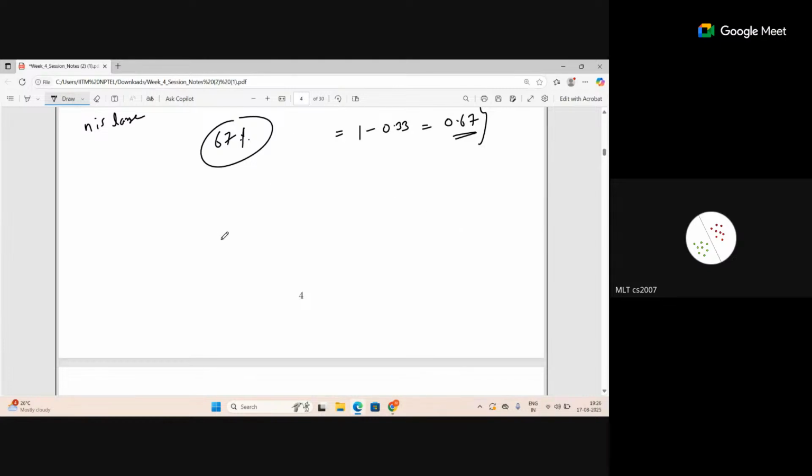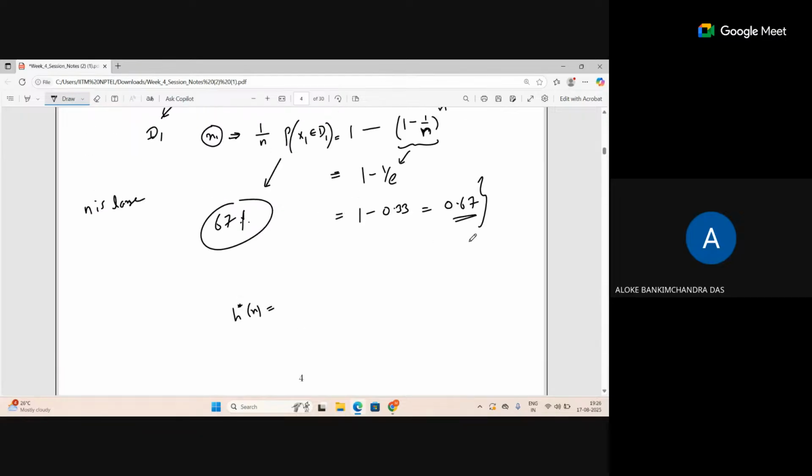So finally, the probability of repeating is 0.33, and non repeating is 0.67. So it's a higher probability of non repeating. One question was that 0.67 is the probability of occurring, since we found this probability of x1 in d1.